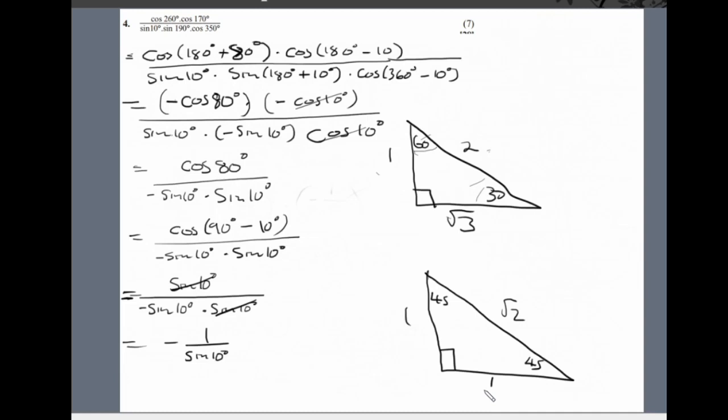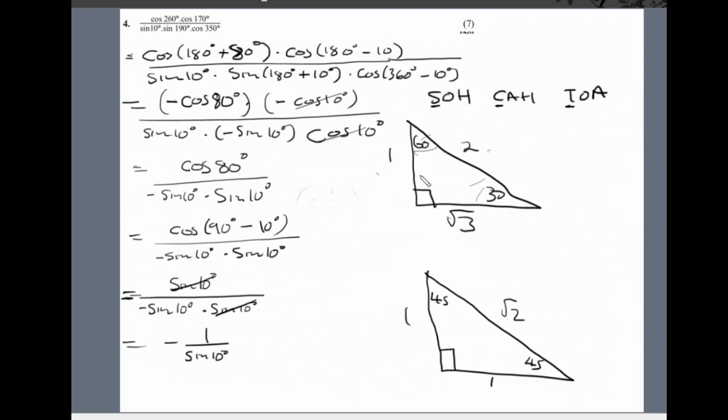So you will use these triangles. We know that sine is opposite over hypotenuse, cos is adjacent over hypotenuse, tan is opposite over adjacent. So with special angles, apply these two triangles and you will get the correct answers.